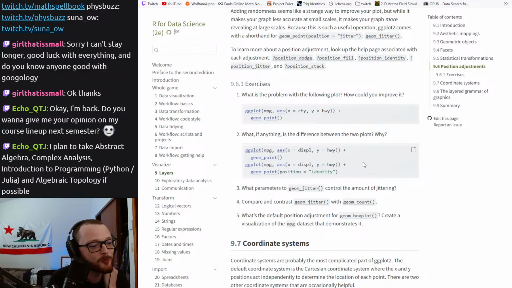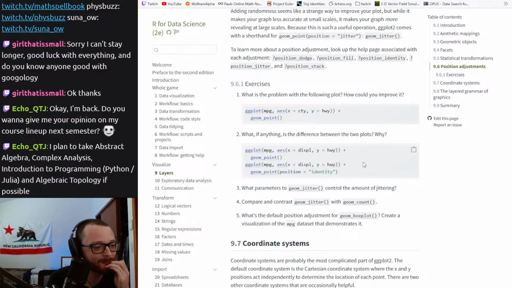Okay, abstract algebra, complex analysis, introduction to programming, Python/Julia, and algebraic topology. Wow. That sounds like a really full course load. Complex analysis, I love it. It's such a beautiful subject.